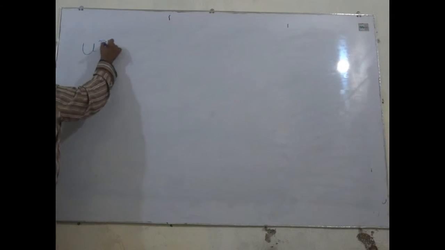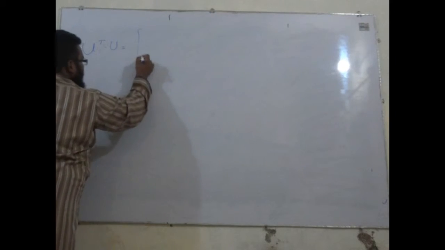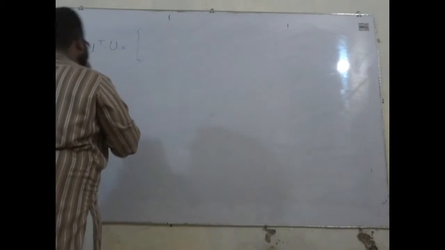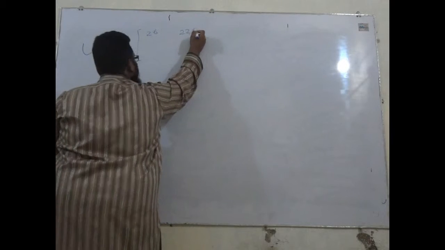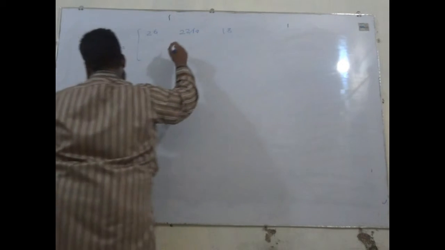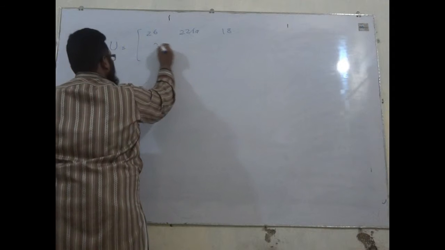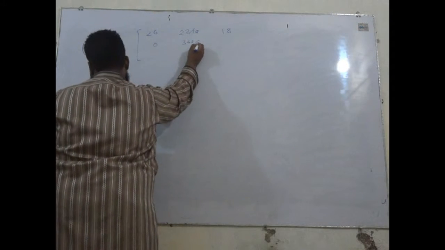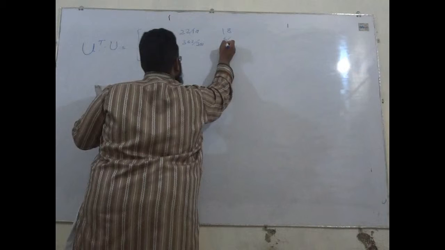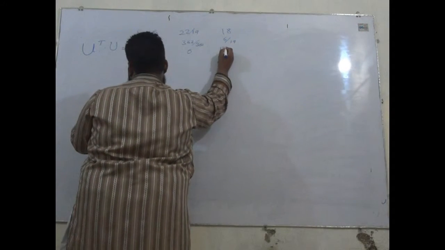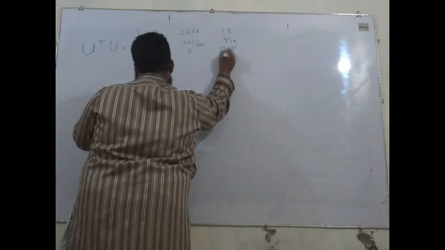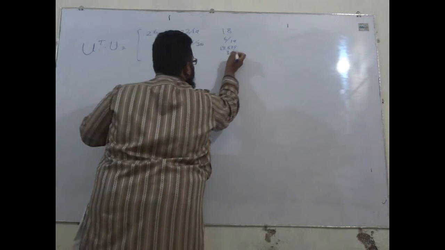Now, the final multiplication of matrix U transpose into U is equal to 26, 22 over 19, 18, 0, 362 over 361, 6 over 19, 0, 0, 15625 over 361.